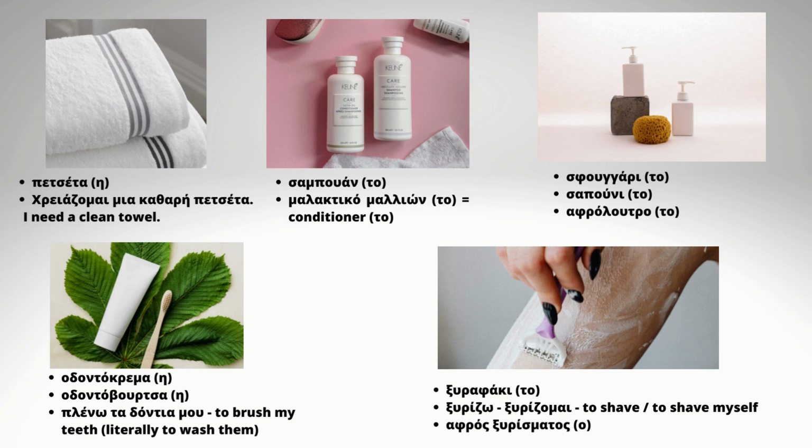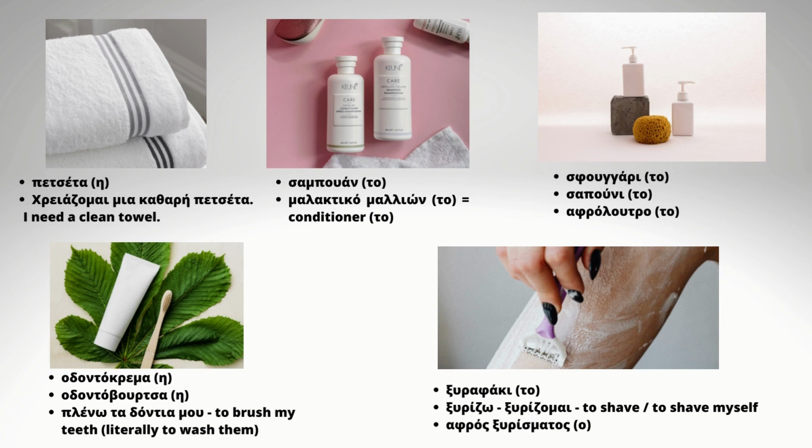Παρακαλώ means please. The next word is a shampoo. So the word for a shampoo in Greek is το σαμπουάν. And if you need to have your hair softer and more beautiful, you can also use μαλακτικό μαλλιών.